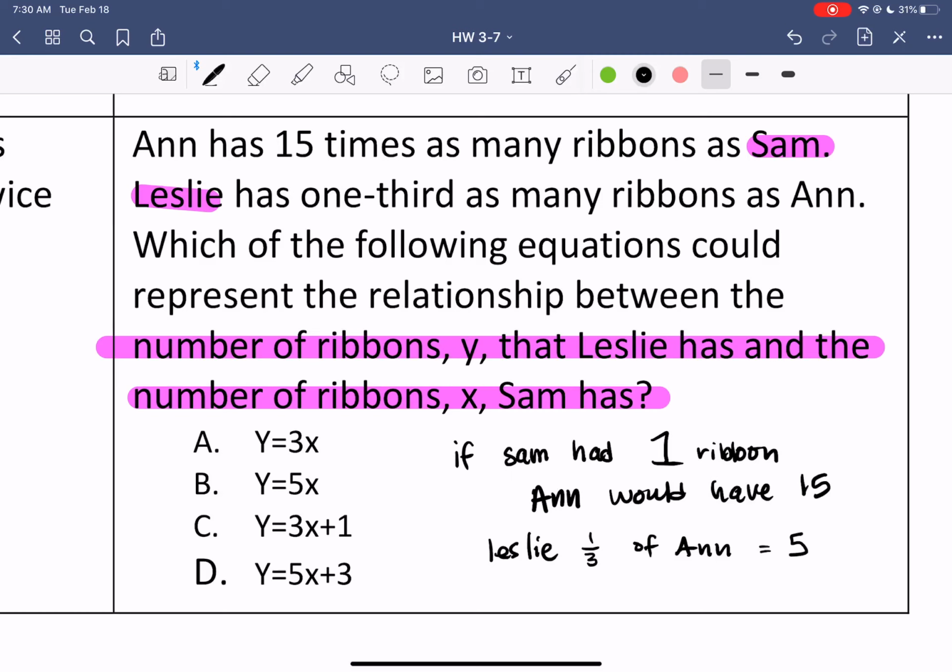So, if we're looking at a relationship between Anne and Sam, we're wanting to look at these two. If we have 5, Leslie has 1/3.